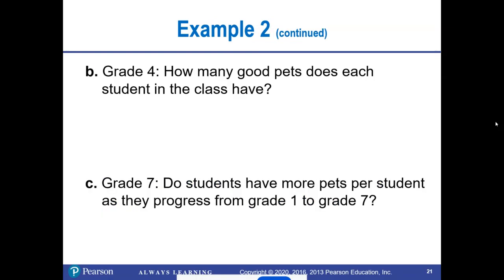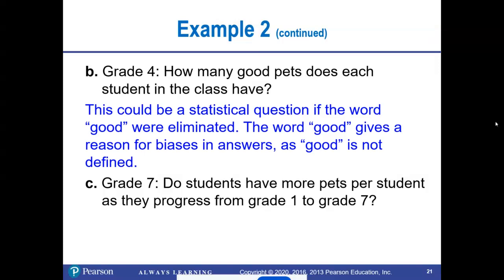Okay, for this next scenario, let's say for grade 4, the question is how many good pets does each student in the class have? This one would be okay if you took out the word good. The word good gives a reason for biases and answers.